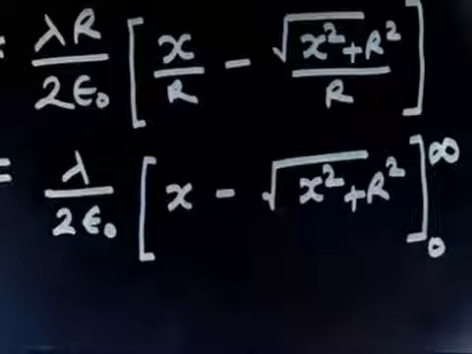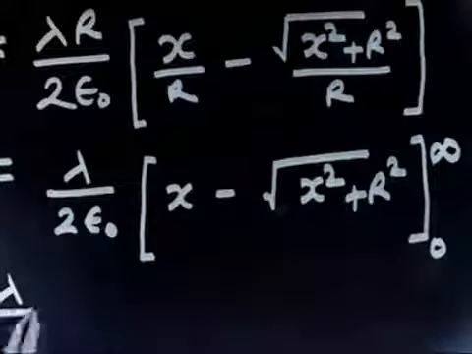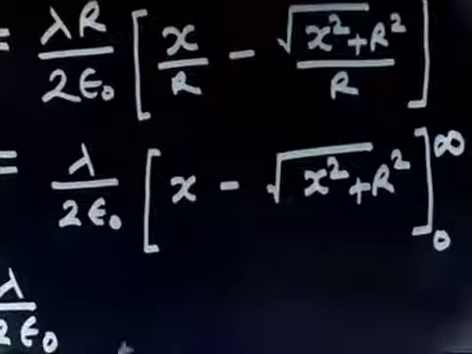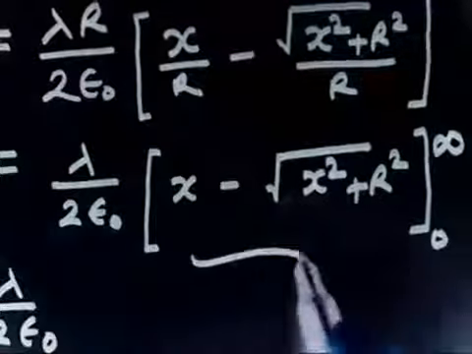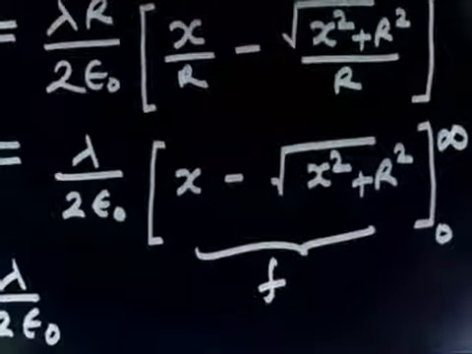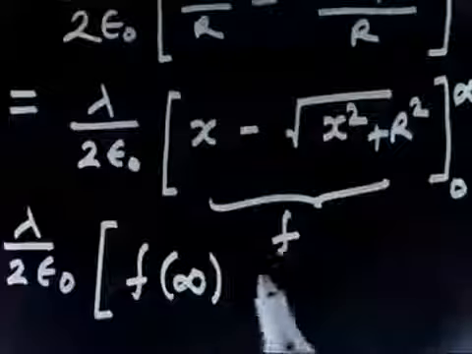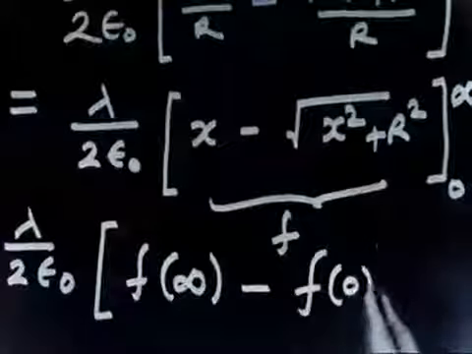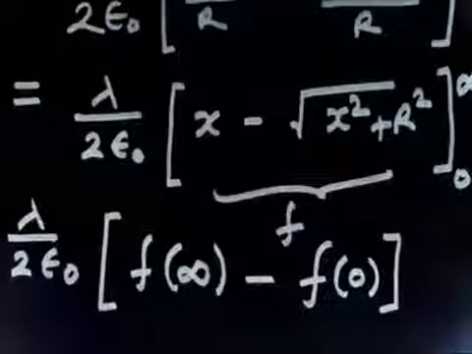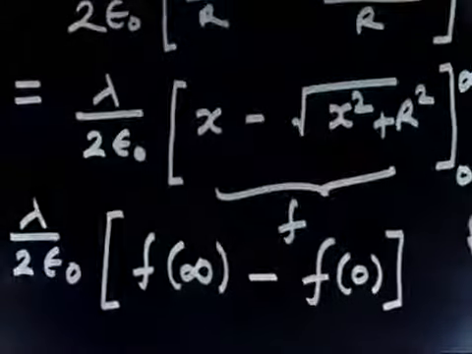So what I have to do is, I have to first find lambda by 2 epsilon naught, and let us say this is a function f. Function value when x is infinite, minus function value when x is 0. Let us see the function value when x is infinite.